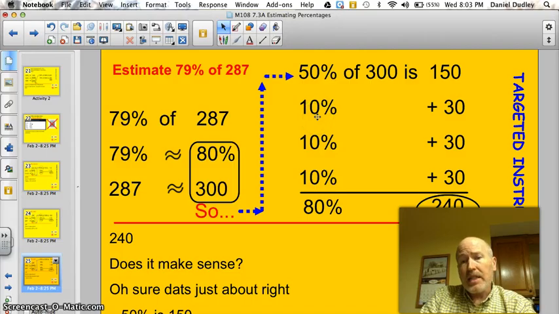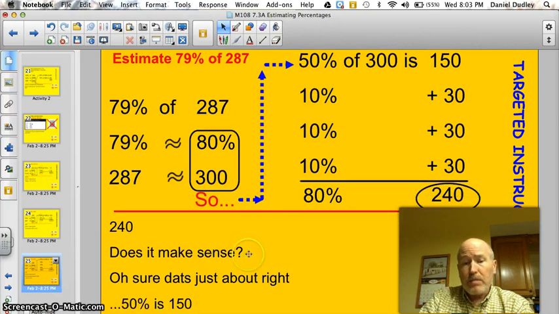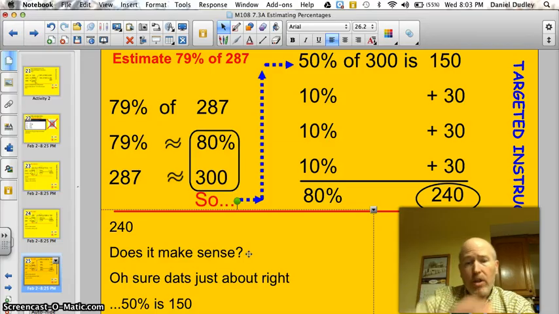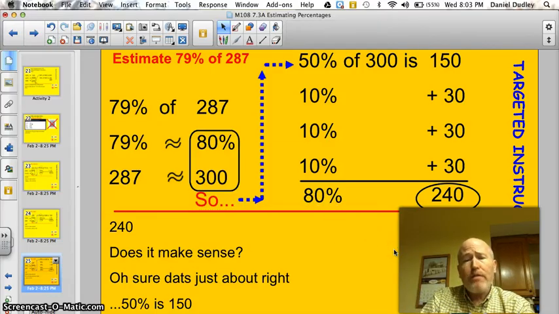And then look at, I did 10, 20, and 30%. Add those to the 50% gives me the 80%. So 10% is 30, 10% is 30, 10% is 30. Add them all up, I get 80% is 240. Does this make sense? Oh, sure, that's just about right, you see, because 50% is 150.